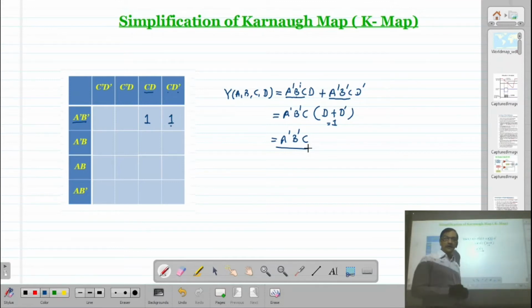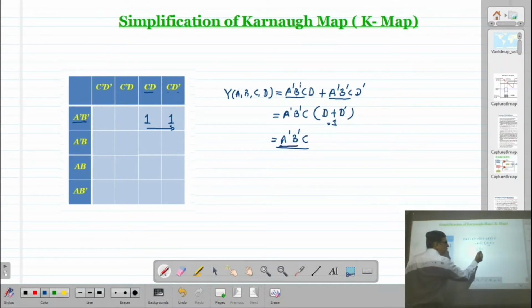Now which variable is eliminated? That you can see in the Karnaugh map. Here when I am moving in this direction, then the a prime, b prime is not changing. So it is as it is in the expression.